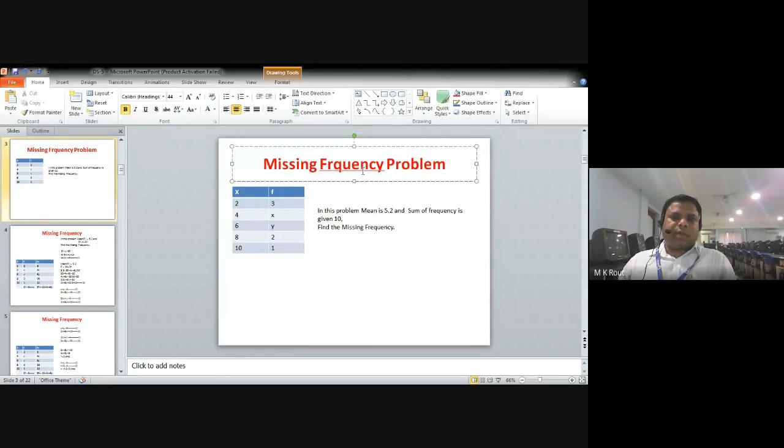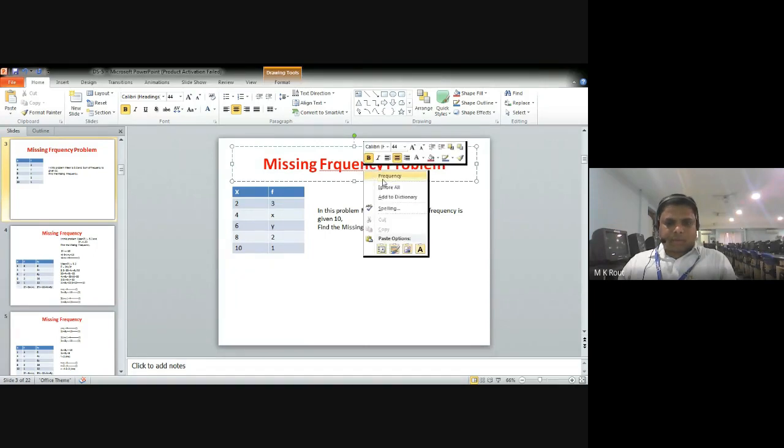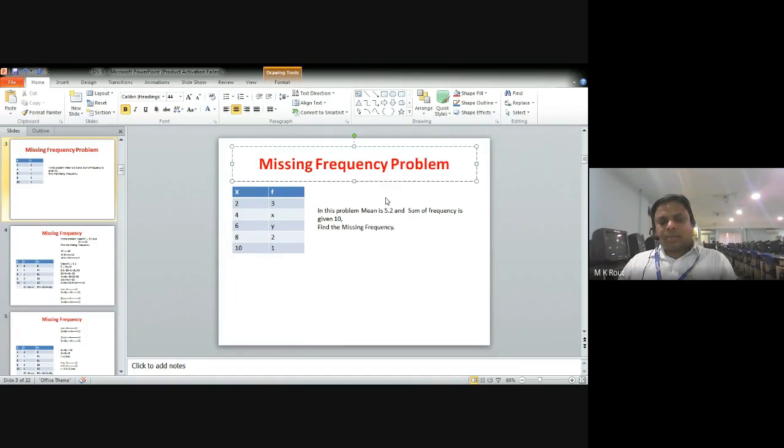Okay, so this is a different kind of problem, especially related to measures of central tendency, and this type of question will appear in your semester exams. So just make a star mark on this type of numerical. Suppose we have the variable x: 2, 4, 6, 8, and 10, and their respective frequencies are missing. For 2, the frequency is 3.